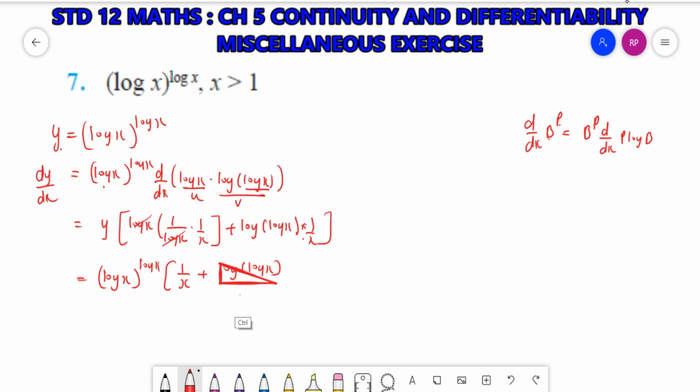Okay, so this was about question number 7. Just note it down.